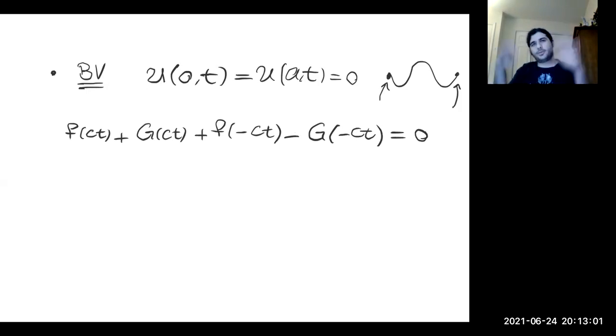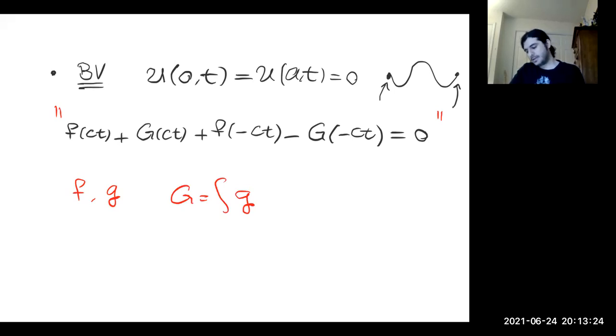It's divided by 2c. We multiply the whole equation by 2c. Now, this equation is very interesting because we want our solution to work for any initial functions f and g. And remember, g was the integral of g. So in other words, we want this thing to be always 0 for any f and g.